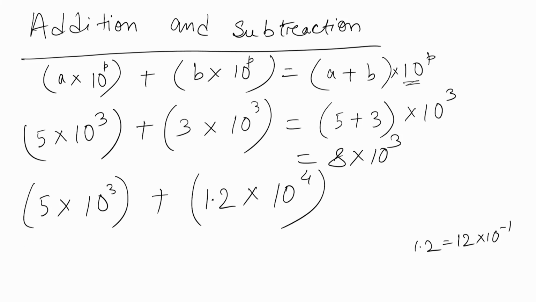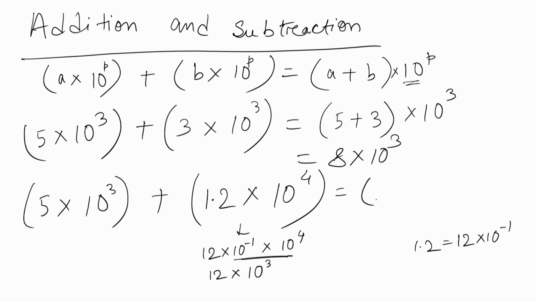So we can write this term as 12 into 10 to the power minus 1 into 10 to the power 4. We have already learned multiplication. So this is 12 into 10 to the power 4 plus minus 1, that is 4 minus 1, that is 3. So we have 5 into 10 to the power 3 plus 12 into 10 to the power 3.